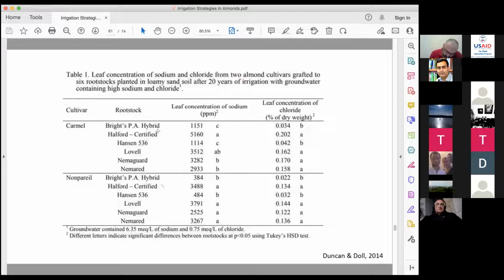The top one is Bright's hybrid, and then Hanson. Both the varieties.